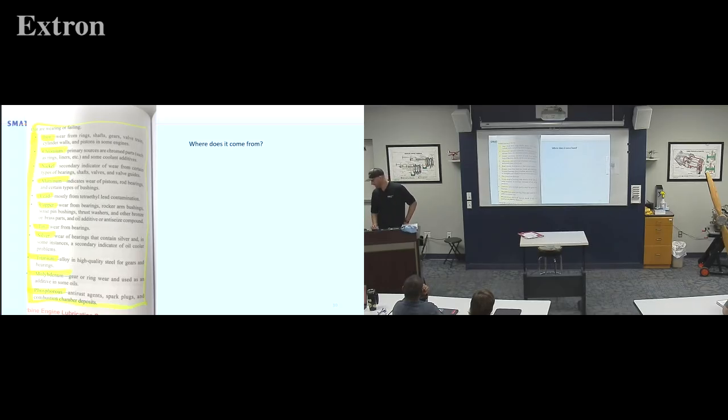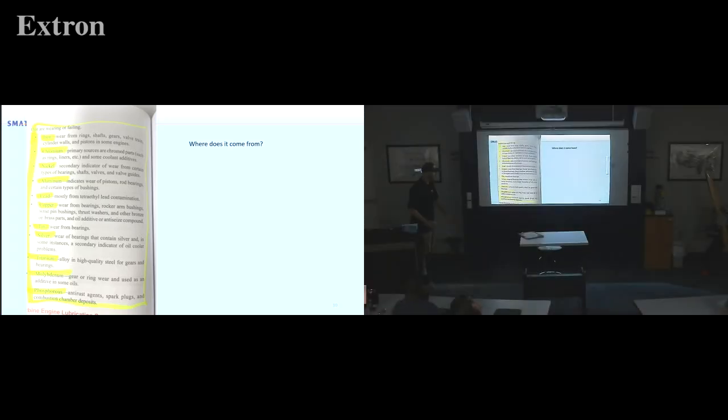This is what we do need to know, though, because if you do that analysis, we're going to have these potential things that are going to show up, and they're going to say, hey, you've got this material in your oil. So instead of being bored with me through two lectures today, we're going to go around the room, and we're going to try to give it an entertaining read.